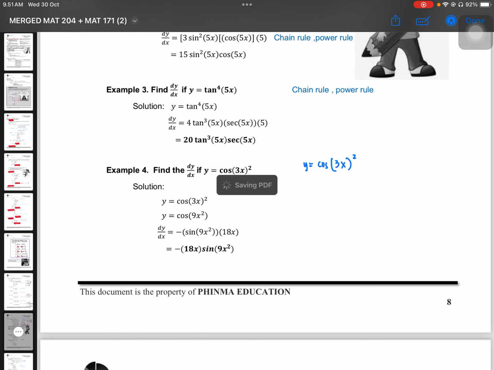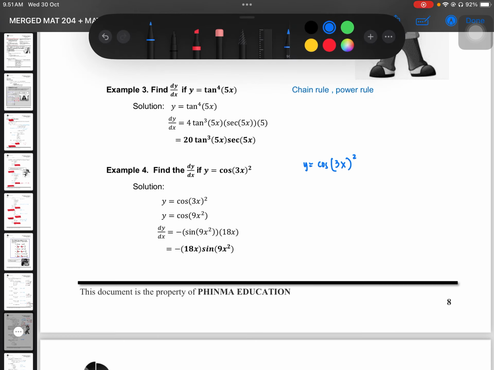Okay, so like for example dito. So example number 3. Kung mapapansin natin, yung ating exponent ay nasa gitna. Pag ganyan, ibig sabihin, you have the exponent for the trigonometric function.